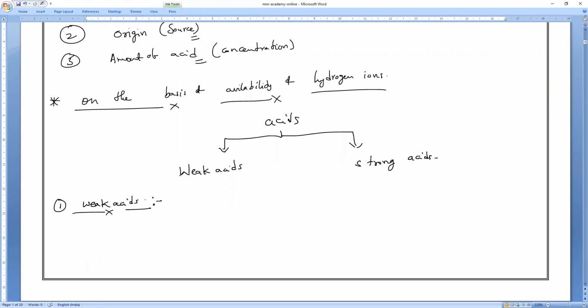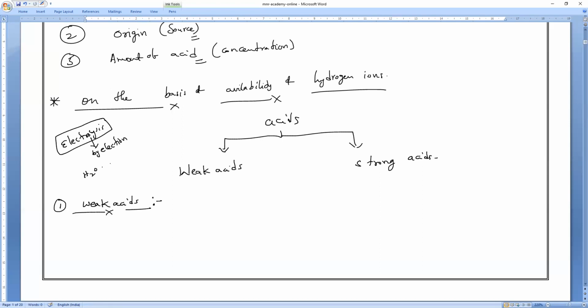All of you remember? Any kind of acid, if it is dissolved in water, will never be completely formed into ions. Do you remember the electrolysis process we studied? What is electrolysis? What do you mean by electrolysis? By passing electricity, we split the molecule into what?